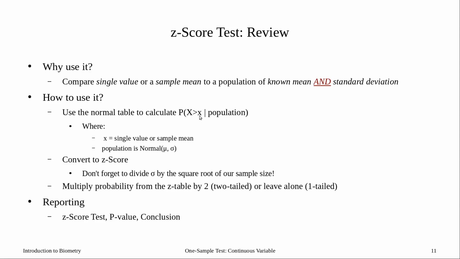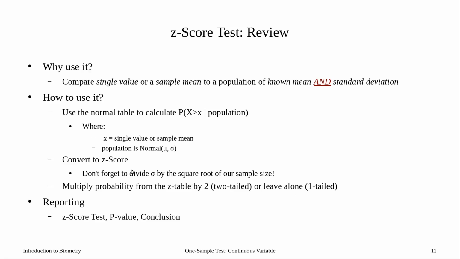So our small x is either the single value or the sample mean, and our population is going to follow a normal distribution with a mean and standard deviation. We have this equation, then we convert it to a z-score, and then multiply the probability that we obtain from the z-table by 2 if it's two-tailed, or we just report the probability if we're doing a one-tail.